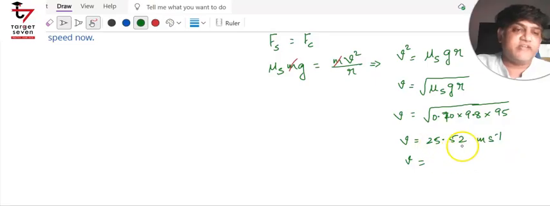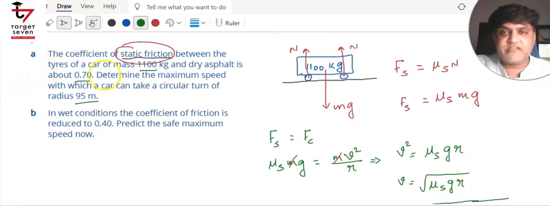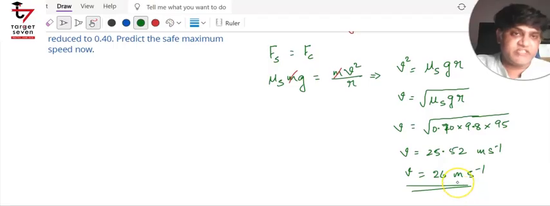Therefore, our final result here also should be expressed to two significant figures, which is now 26 meters per second. So the answer to the A bit would be 26 meters per second.